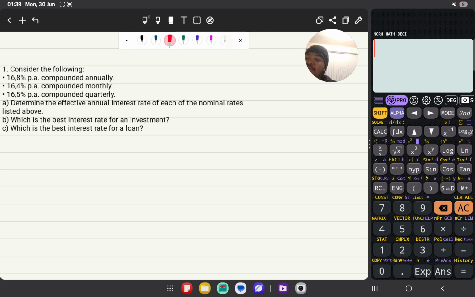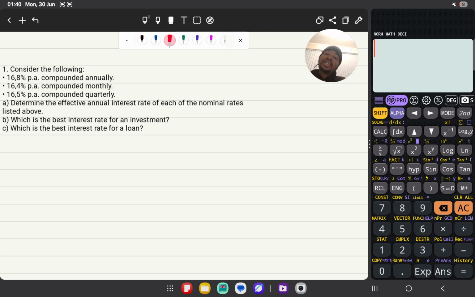They are all per annum. We have 16.8% annually, 16.4% monthly, 16.5% quarterly. Determine the effective annual interest rate of each of the following nominal rates listed.